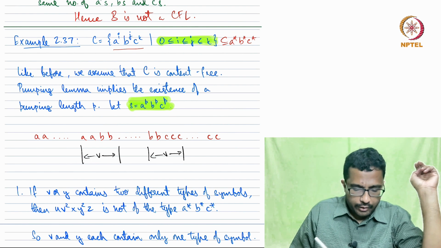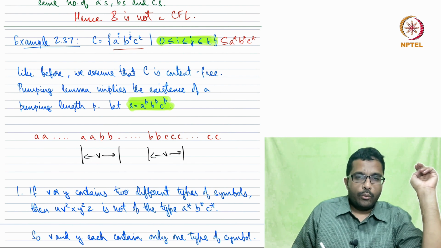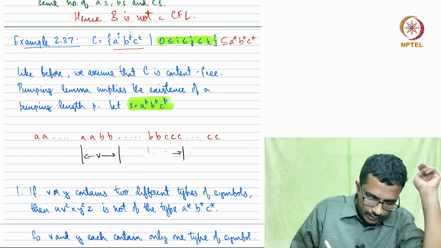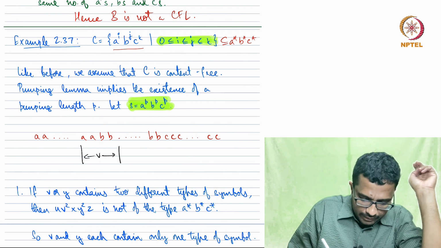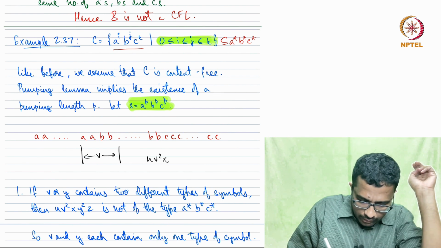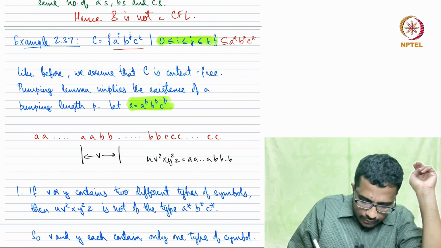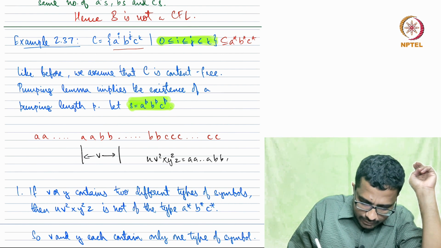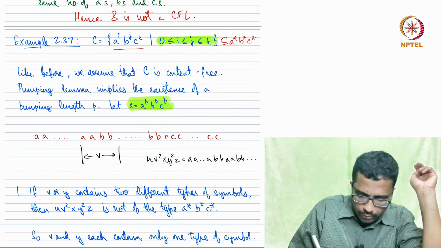Then when you consider u, v square, x, y square, z, it will be of the form, let's just take v in this place, u, v square, x, y square, z will have some a's followed by some b's, again followed by some a's, then some b's, and so on.